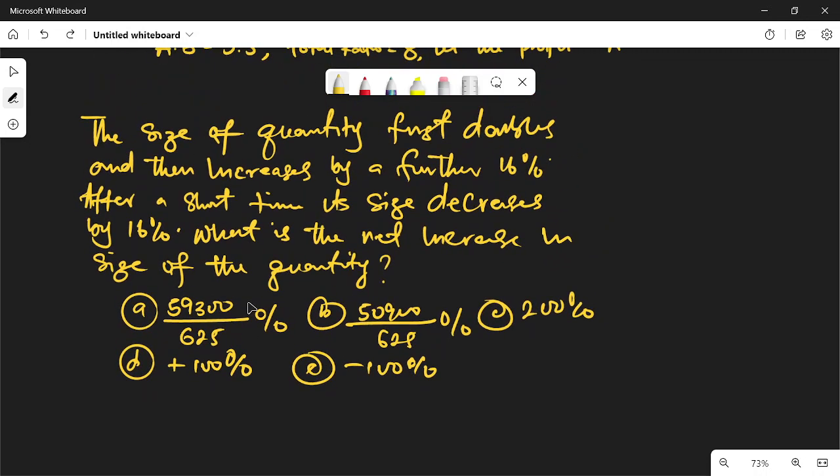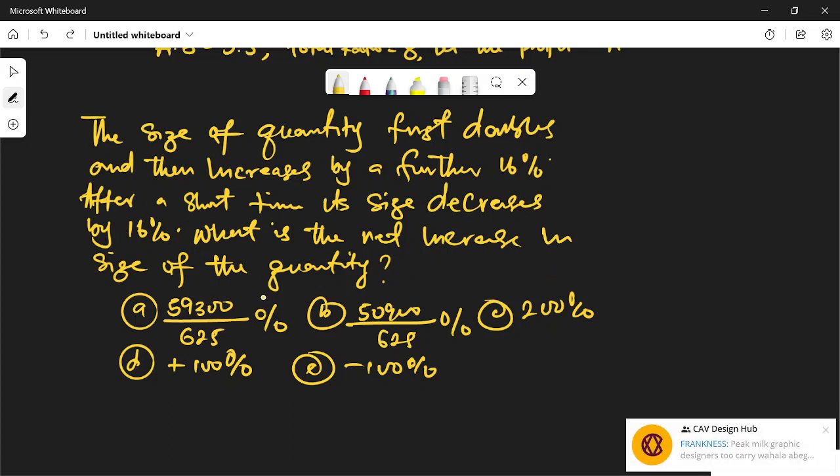So the question again states that the size of a quantity first doubles and then increases by a further 16%. After a short time its size decreases by 16%. What is the net increase in size of the quantity?